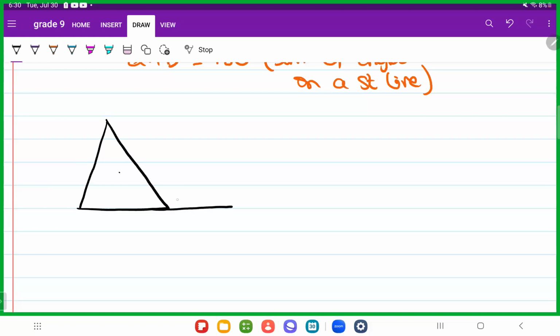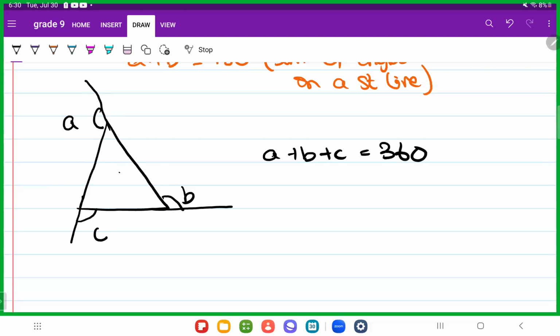This is my first exterior angle, this is my second exterior angle, and this is my third exterior angle, A, B, and C. So A plus B plus C will always be equal to 360. So the sum of all exterior angles of a triangle is equal to 360. Understood? Yes, miss.